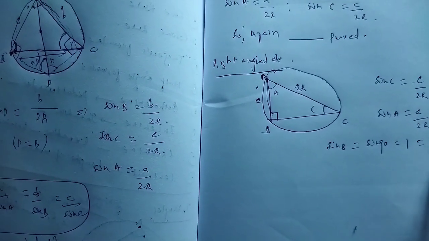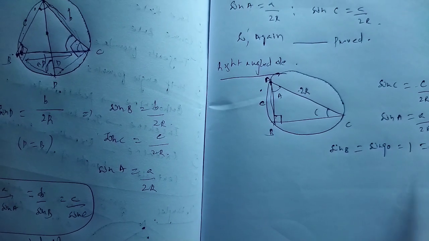You can write it as 2r by 2r, and here b equal to 2r.